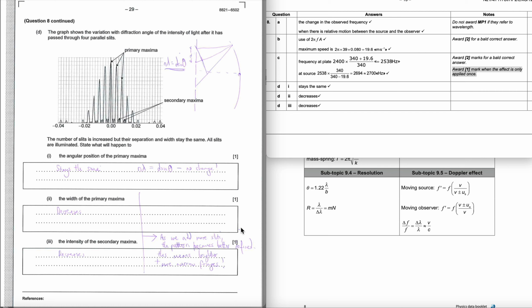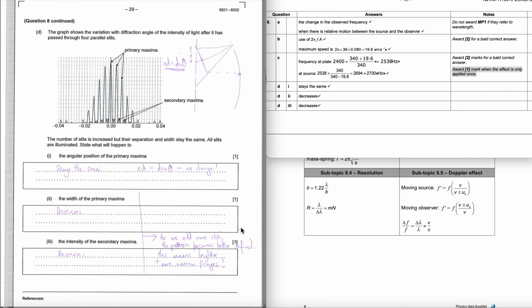The result of that is that your peaks are going to get thinner, and those secondary maxima are going to get duller and duller until effectively they're cancelled out, and we have a really well-defined diffraction pattern, as in a diffraction grating. Again, a lot to go through there.